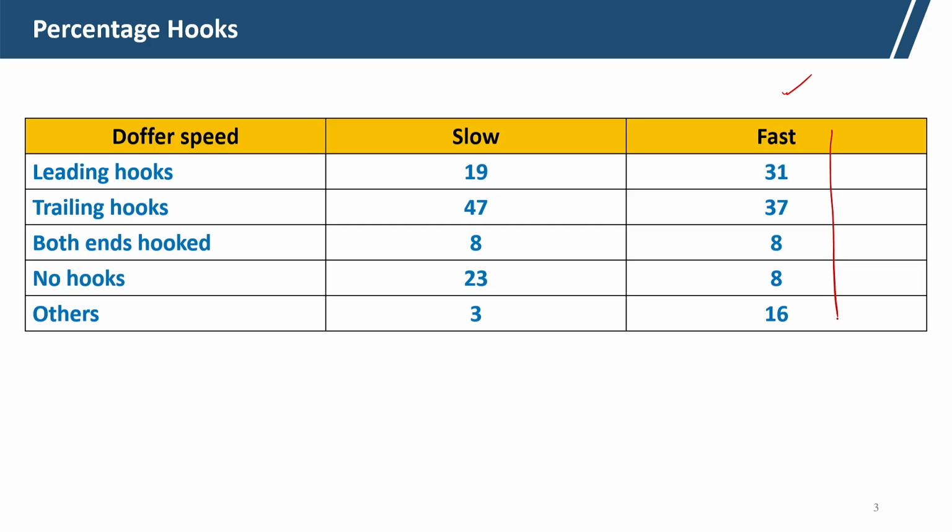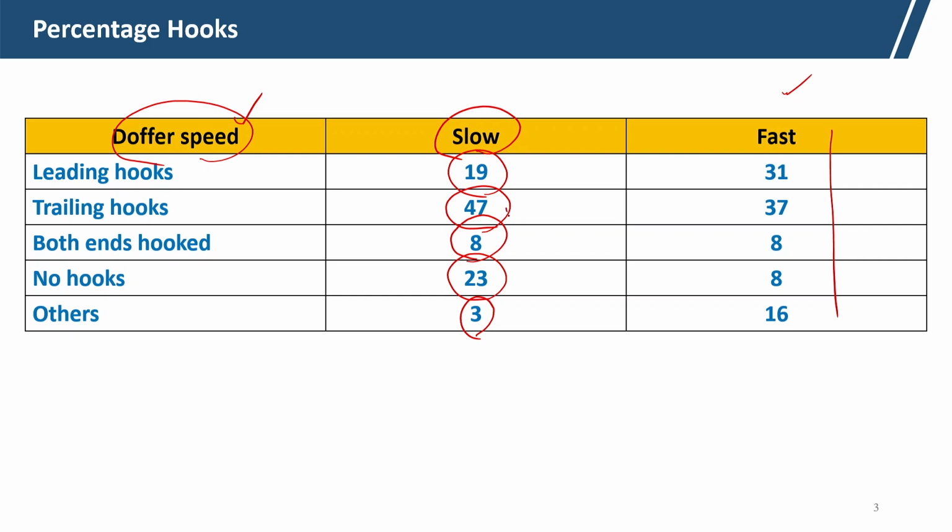When the Drawframe speed is slow, the leading hook is 19%, the trailing hook is maximum, the both-end hook is 8%, without hook 23%, and others, the entangled fibers, 3%.